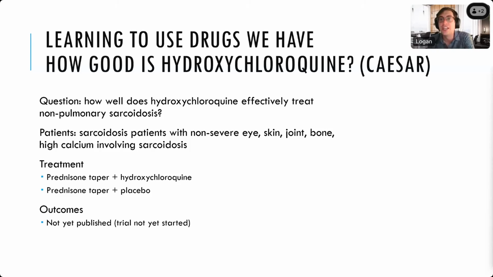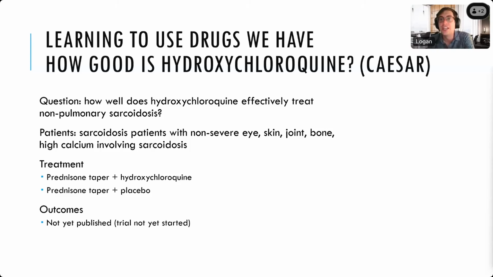The other benefit of this steroid taper is we are able to compare how low of a dose of prednisone the patients in the two groups are able to get to. And that is more of a holistic measure of the control of the sarcoidosis than just looking at a picture of someone's skin.